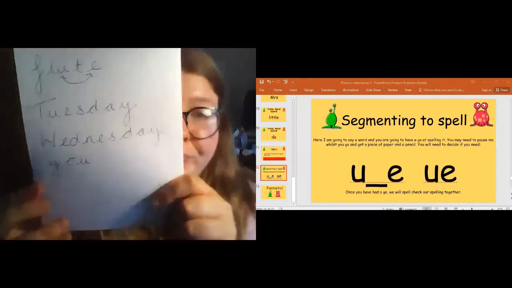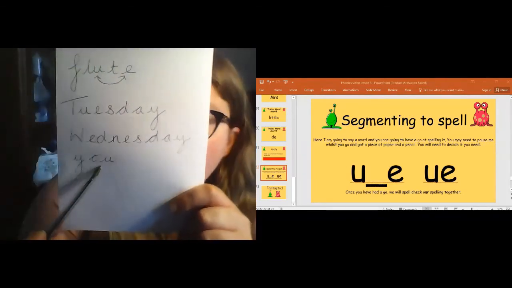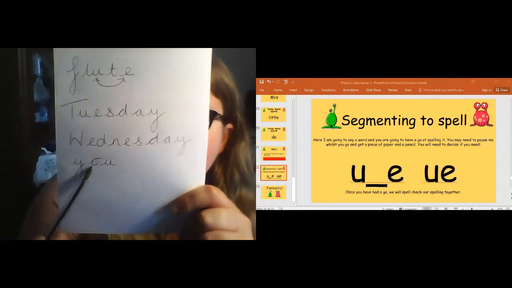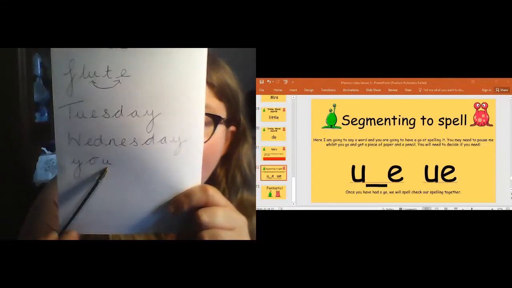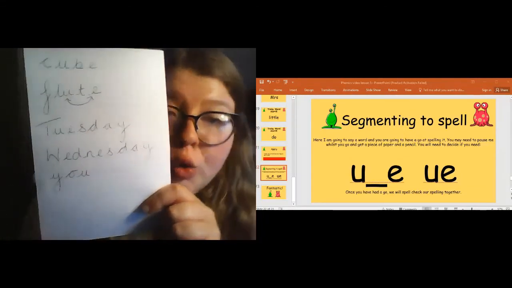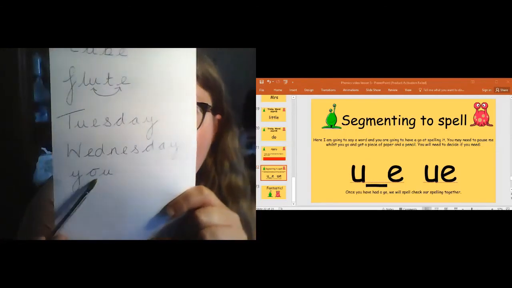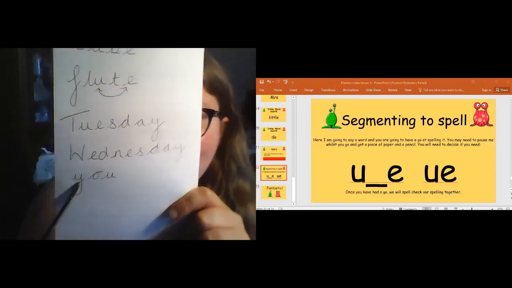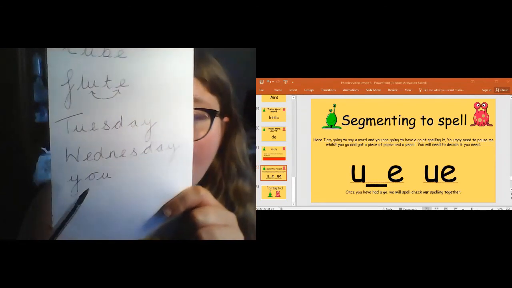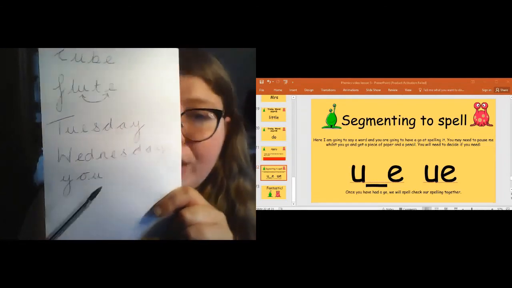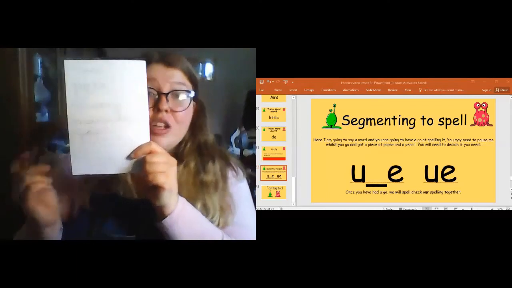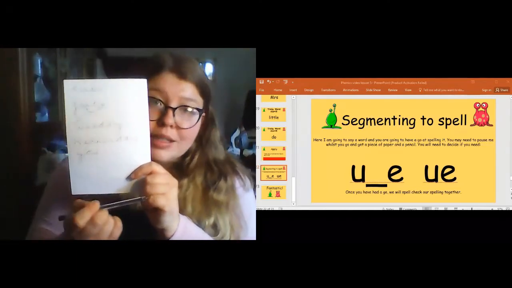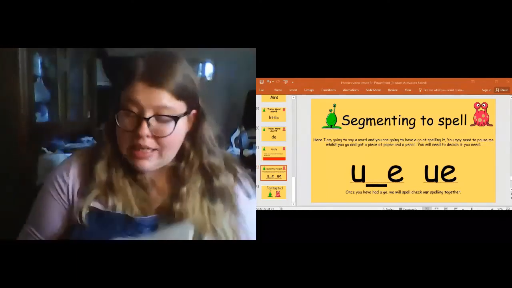Okay. This is the tricky word you. Now, the tricky part of this word when spelling it is that people think it's got that oo, so they think it's going to be 2 letter O's next to each other, but it isn't. It's Y-O-U. You. Tricky. Don't worry if you got it wrong. Have a go at practicing it next to it and have a go at practicing it underneath.